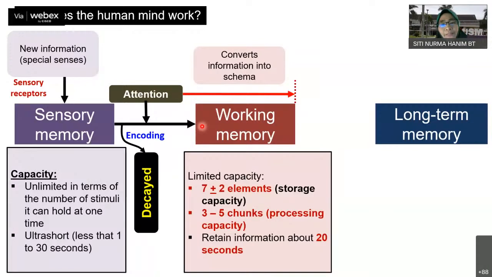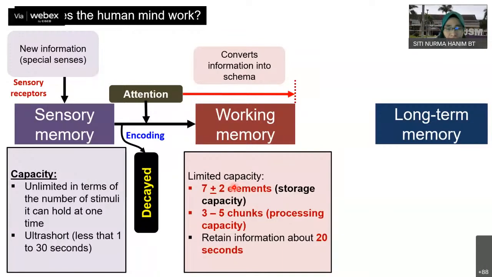When it exceeds the 7 plus minus 2, the 10th piece of information that enters the working memory will be decayed out. So a student can concentrate on at most 9 elements of information at one time. But to be on the safe side, 5 elements.